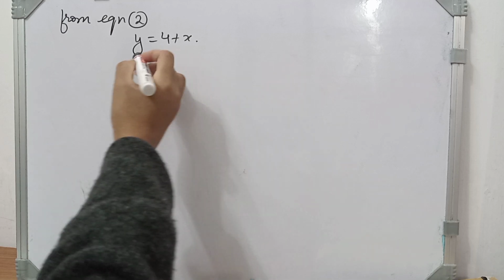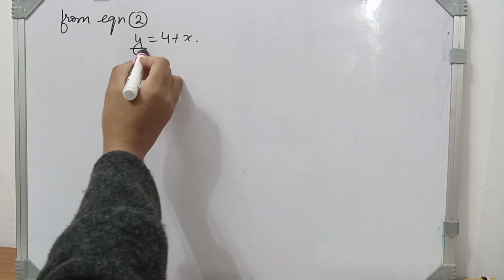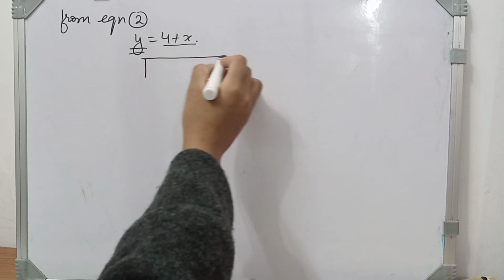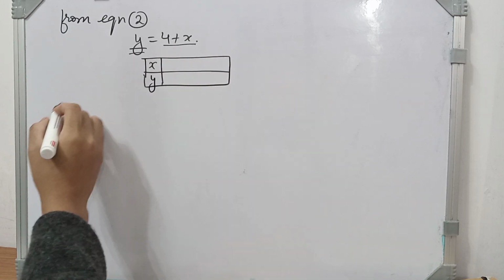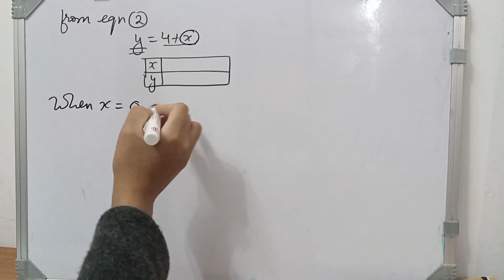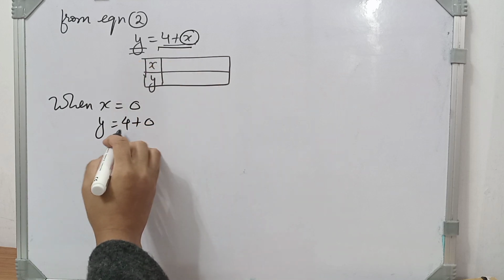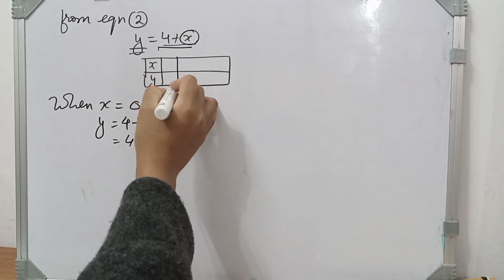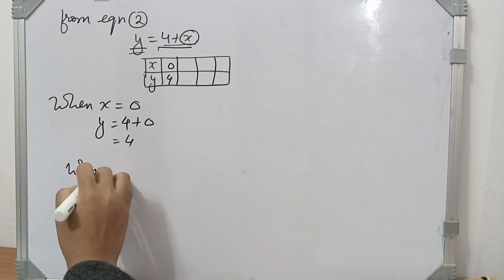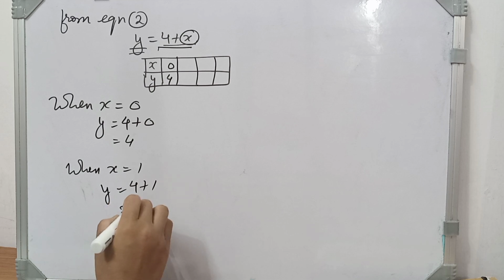Equation 2: y is equal to 4 plus x. Variable on the left hand side, variable on the right hand side. When x is equal to 0, y is equal to 4 plus 0, which is 4.